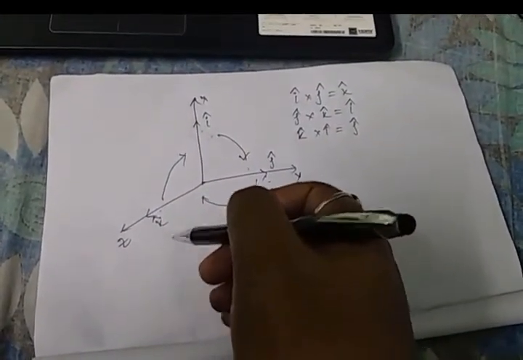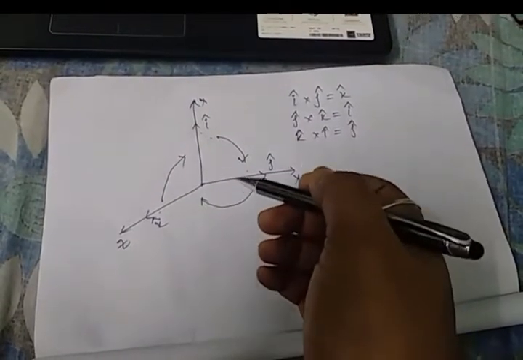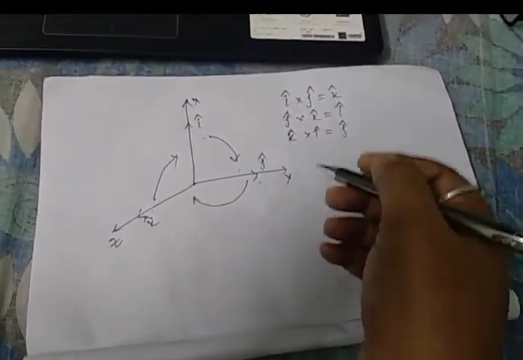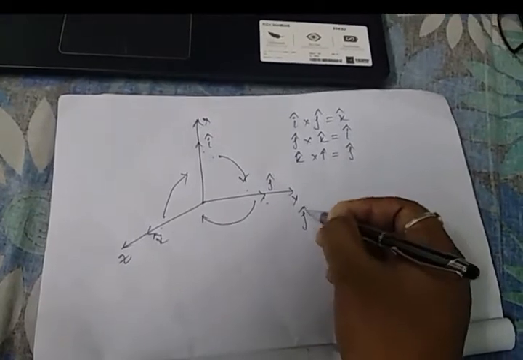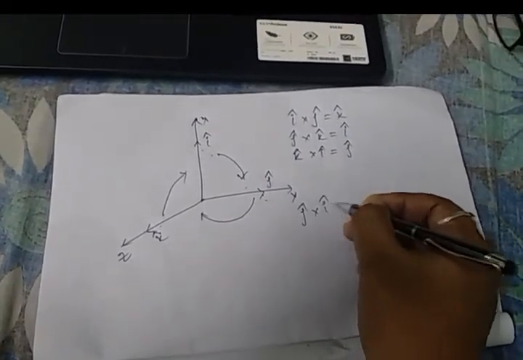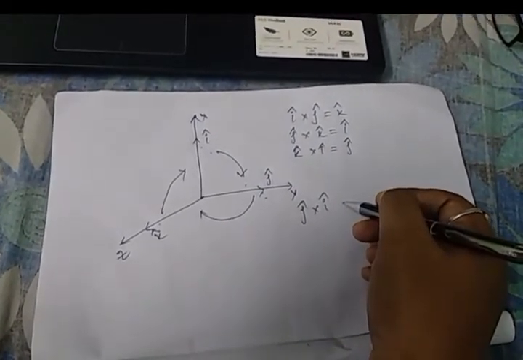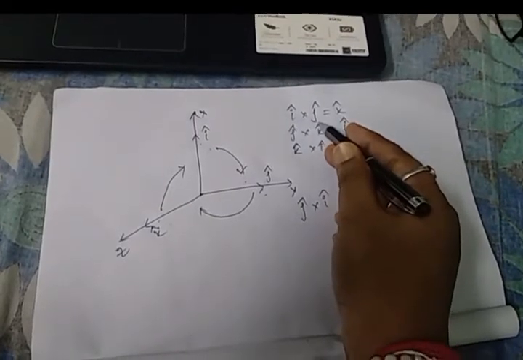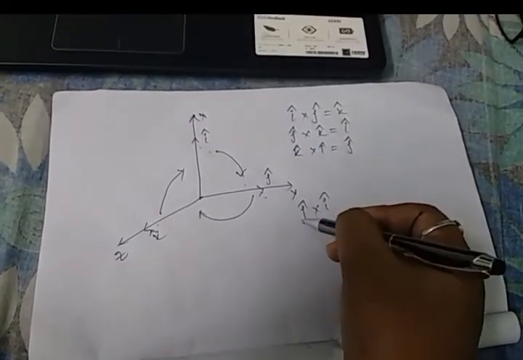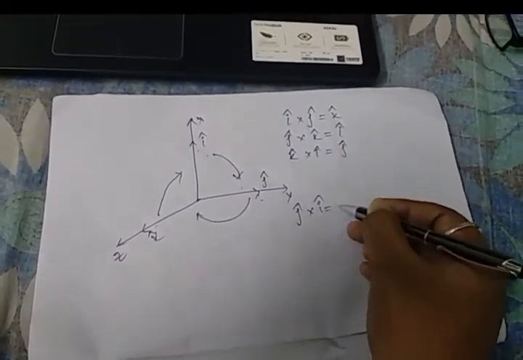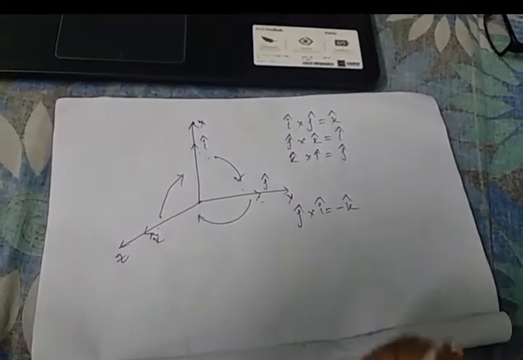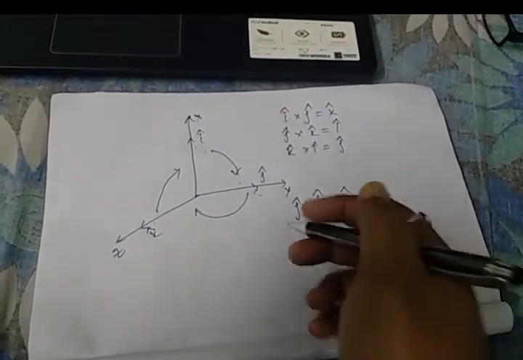Now if I reverse that direction, what will happen? If I want to find j cap cross i cap, we know i cap cross j cap is equal to k cap, so j cap cross i cap is equal to minus k cap. The direction will be reversed.